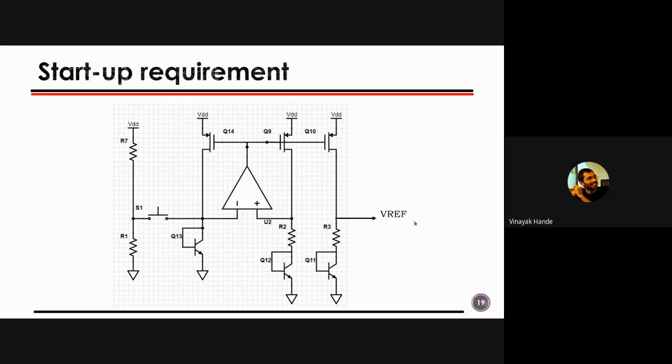Then, if V reference itself is that value, I should have a VDD larger than that to make Q10, particularly the Q10 transistor, operate in the saturation region, right?